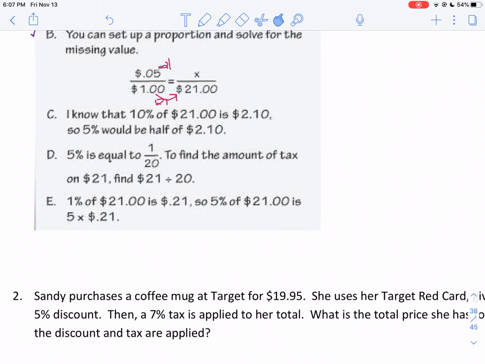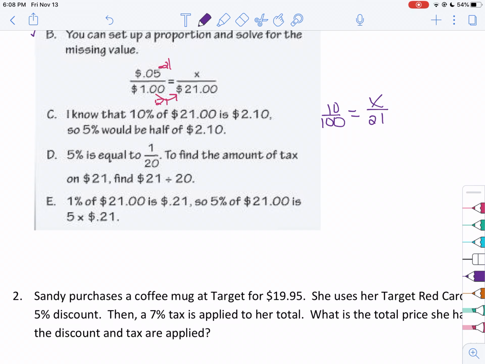Option C. I know that 10% of $21 is $2.10, so 5% would be half of $2.10. So let's see, is 10% of 21 $2.10? So 10 over 100 equals x over 21.